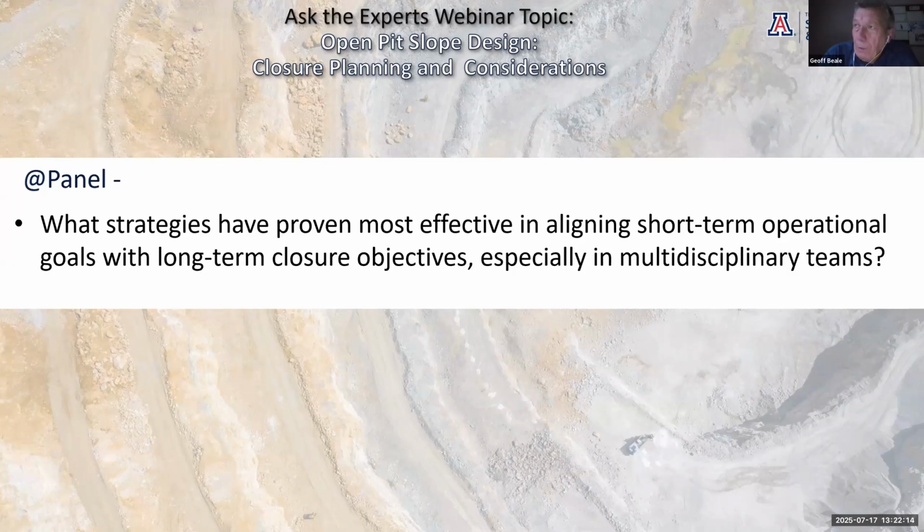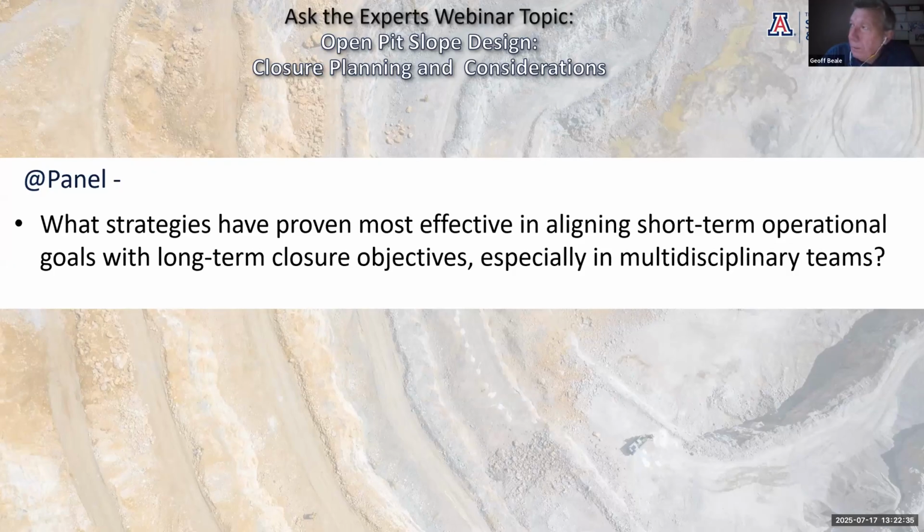Conversely, if you think about closure all the way through operations and can close things concurrently, then the cost burden and the burden of technical work at the end tends to be that much less.